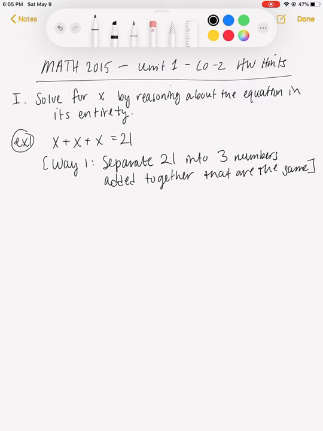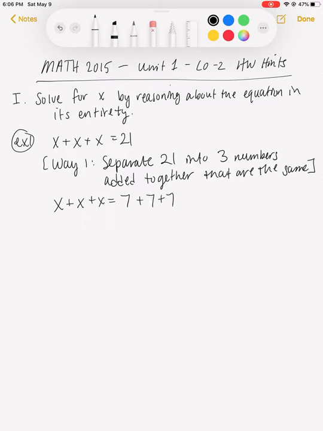Okay, so from that first part we have this next equation, and on this homework we want to do a stack of equations, a series of equations. So I need to think about what number I can add 3 times to get to 21, and that number will be 7. Okay.